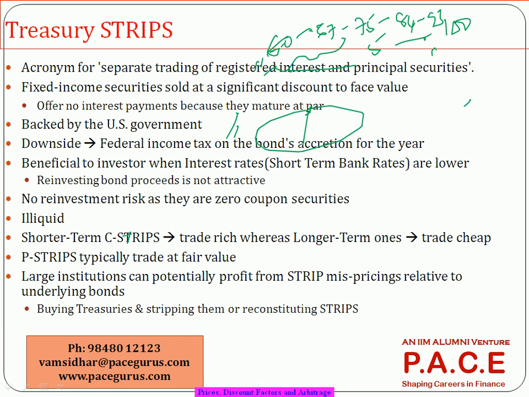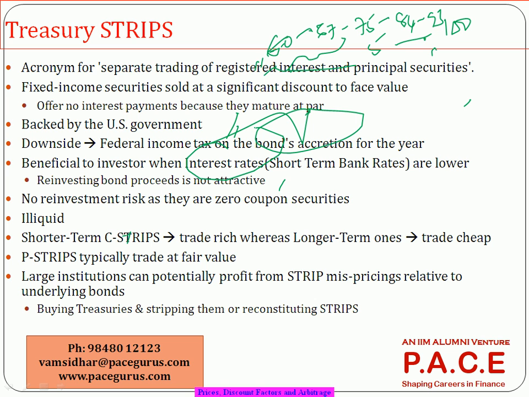Two, we always see, if the interest rates are going lower, the treasury strips are more and more attractive. The reason being, they have a 5-year maturity, 10-year maturity, and today they have issued this assuming some 8% interest in the market.